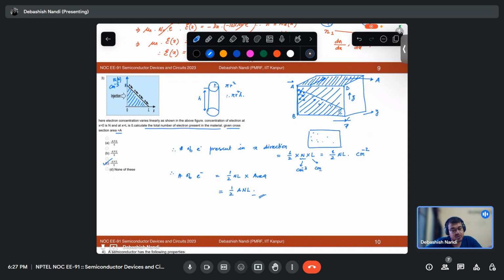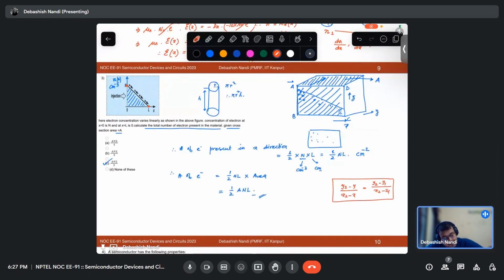And what is the other way to do it? If it is not a straight line, then you cannot just take the area of the triangle. So you need the equation of that curve. For a straight line, you know how to find the equation. If 2 points are given, how do you find the equation? (y minus y1) over (x minus x1) is equal to (y2 minus y1) over (x2 minus x1), right?